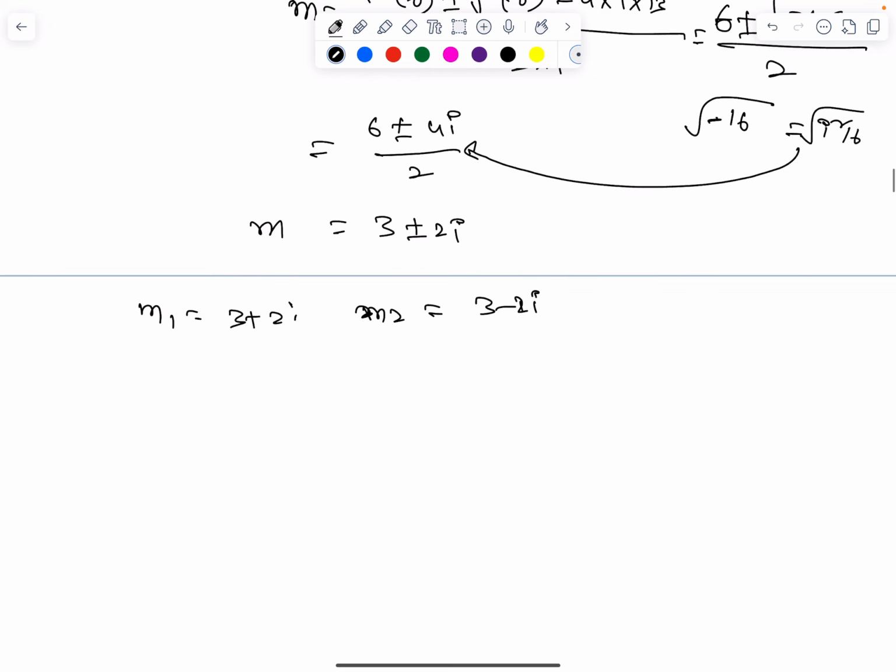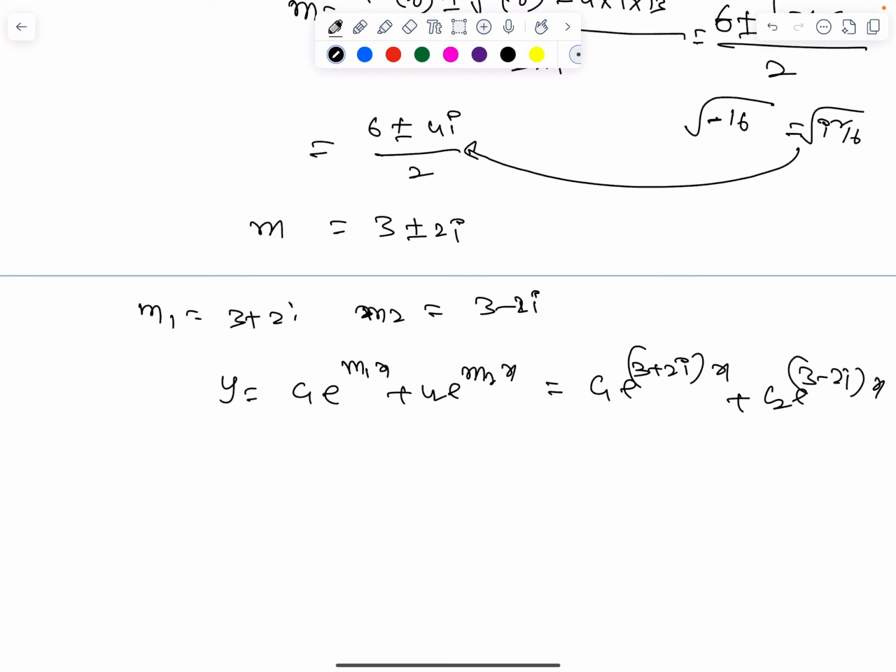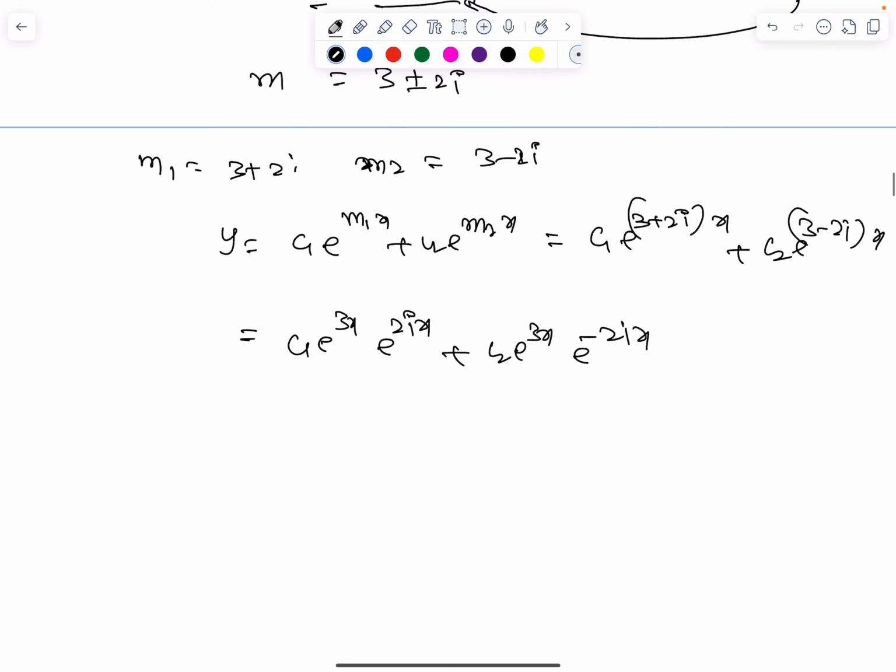If you write the solution, that is c1 e power m1x plus c2 e power m2x, which is equal to c1 e power (3 plus 2i)x plus c2 e power (3 minus 2i)x. If you simplify, c1 e power 3x e power 2ix plus c2 e power 3x e power minus 2ix. Now, if you take e power 3x common, that is c1 e power 2ix plus c2 e power minus 2ix.